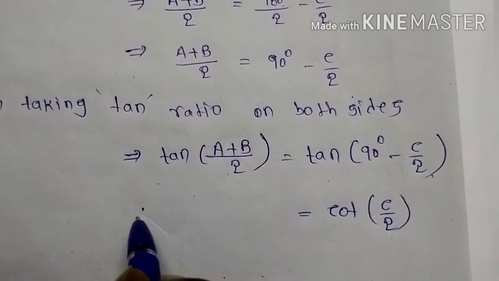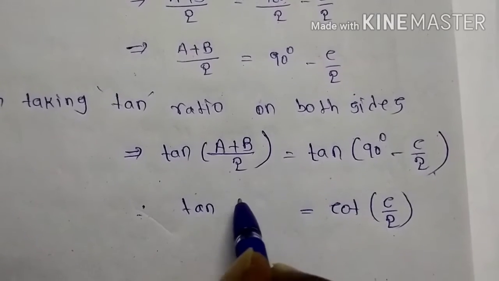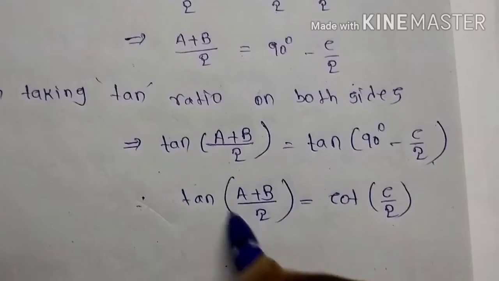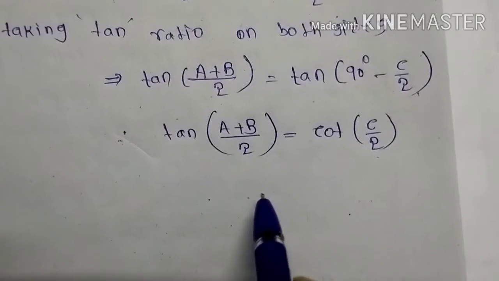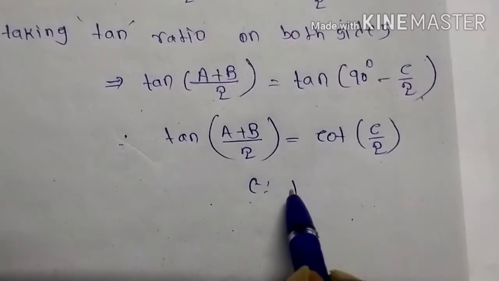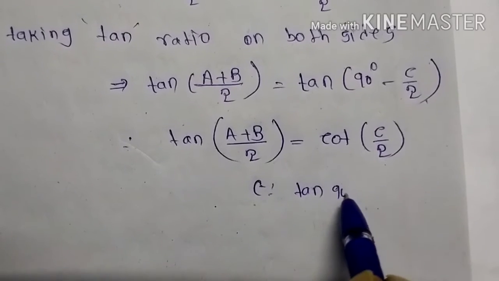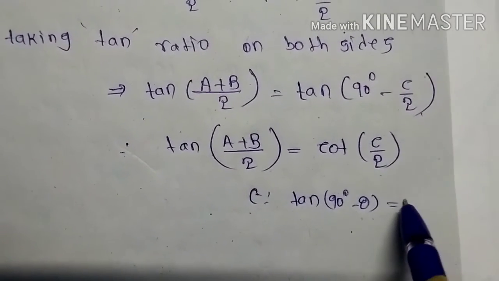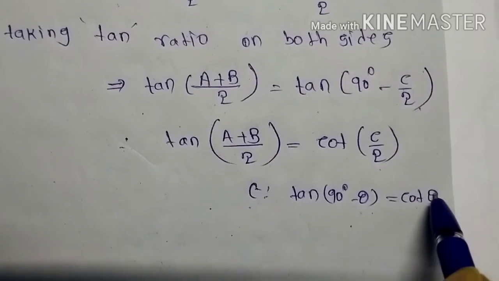That means here you can write tan of (A plus B) by 2. Which formula are we using? Since tan of (90 minus theta) is equal to cot theta.